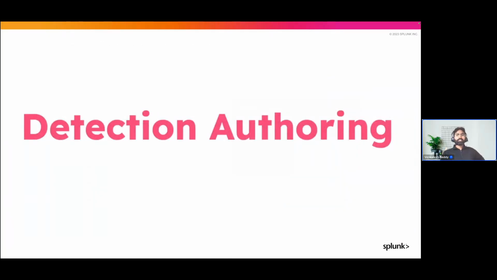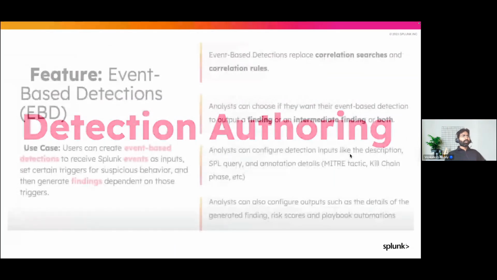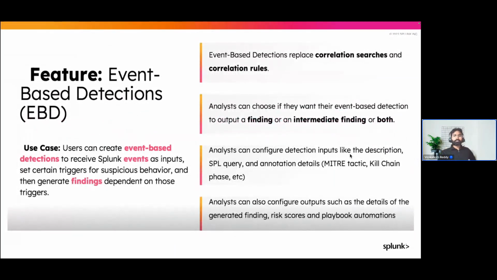So let's move on to the detection authoring section. As I mentioned before, detection authoring has a lot of changes. We have two newly designed editors in Splunk ES8: event-based detections and finding-based detections.